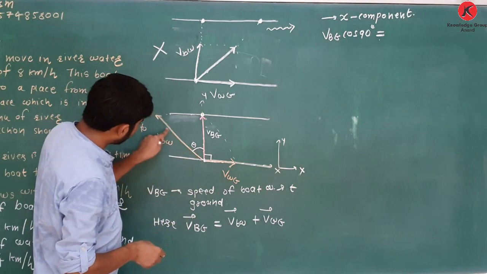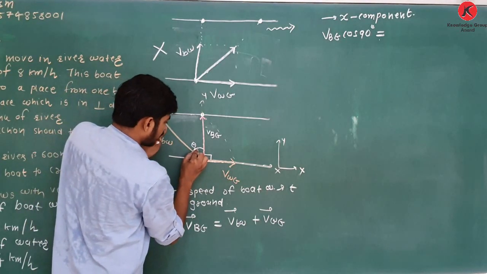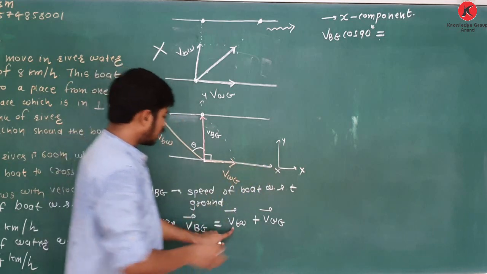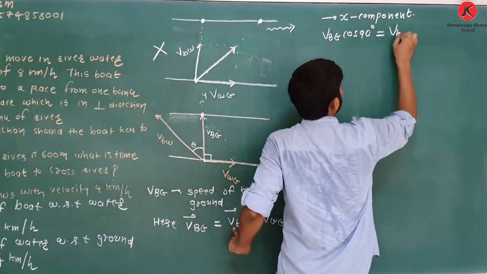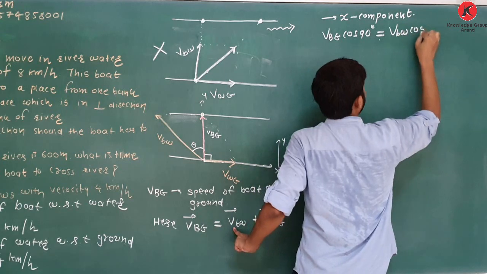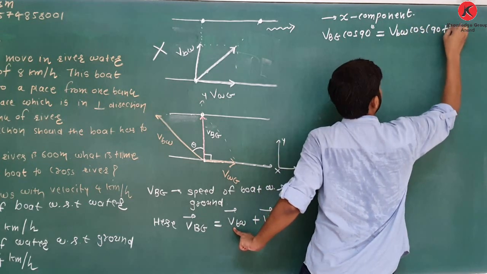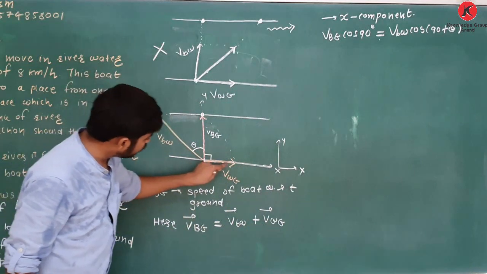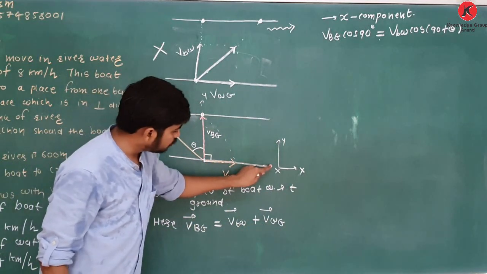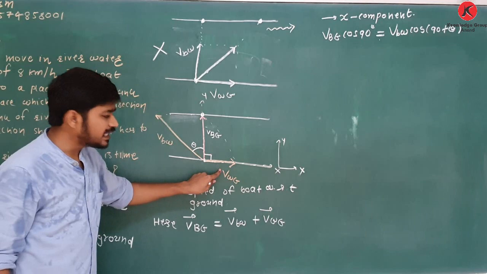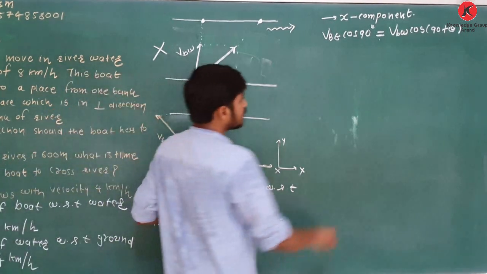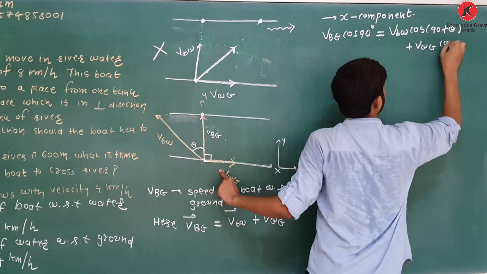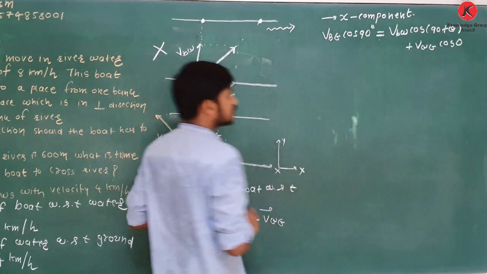So it is VBW cos(90 plus theta). Then VWG. See this VWG, it is in the x direction, meaning it makes an angle 0 with the x-axis. Then how to write? Plus VWG cos 0.